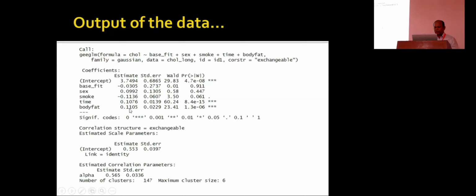As the body fat increases, the cholesterol level increases. And that is very highly significant. These are all other covariates here. In the morning I said you have to see what happens to my standard error if I don't do GEE analysis, and what happens if I do GEE analysis.